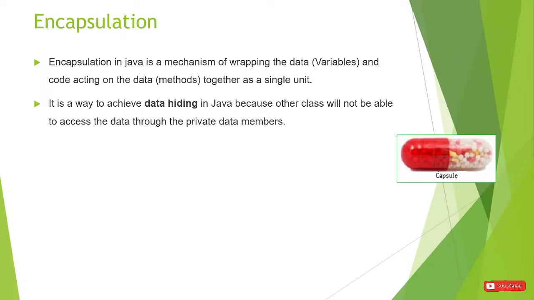After that, it is a way to achieve data hiding. Why are we using encapsulation? To achieve data hiding. If anybody asks you the purpose of encapsulation, you have to say data hiding or data security, because inside encapsulation all the fields will be private.